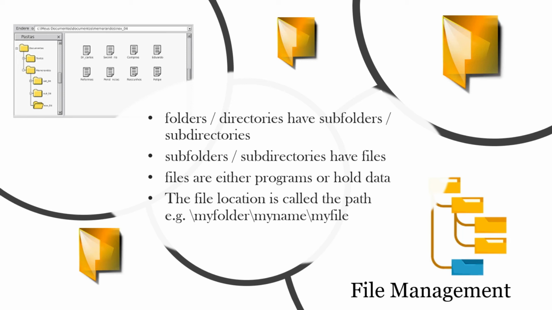So we can have folders and subfolders, or directories and subdirectories, and these store files. The files are either programs that we run, or they can hold data. When you want to access these files, the computer knows where they are by using the path. So here's an example: you have a folder name, a subfolder name, and a file name.